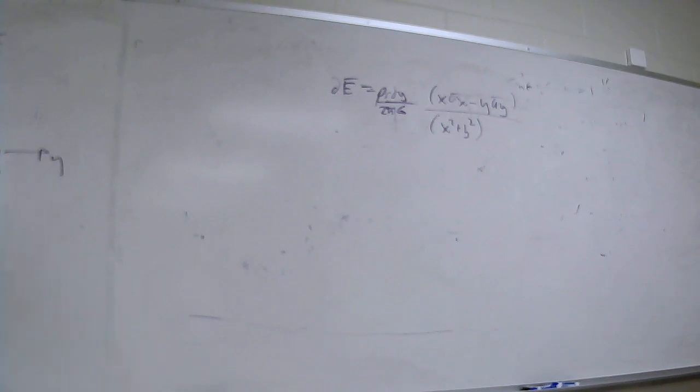Yes, sir. Why is it x squared plus y squared? That's x, that's y. Z is out of the board, right? That's why. It comes from the magnitude of the rho vector. Here's rho, that's the square root of y squared plus x squared, right? A rho would be what? Rho vector would be this over magnitude, which is square root of x squared plus y squared. So there are two square roots, which is just x squared plus y squared.